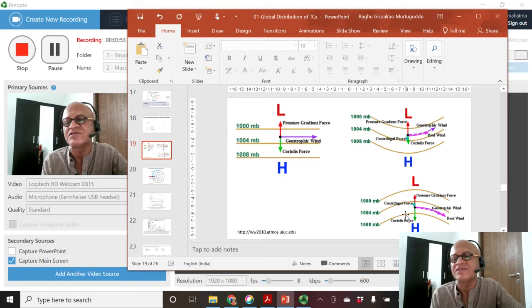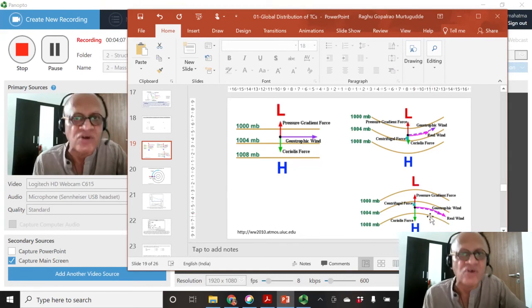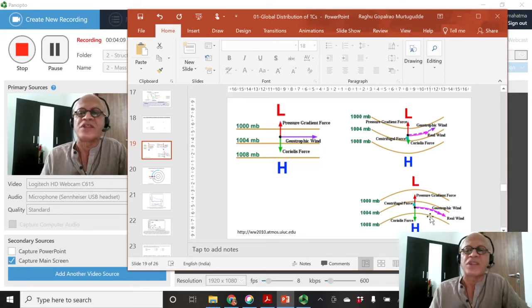Whereas in this case, you have centrifugal force acting in the same direction as the pressure gradient force. So you have what is called super-geostrophic wind. So you have real wind that is now stronger than the geostrophic wind. Okay, so that's the gradient wind balance. Just look at these figures, it's fairly straightforward.